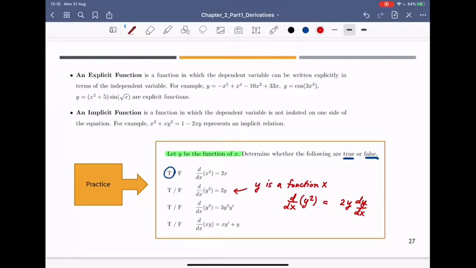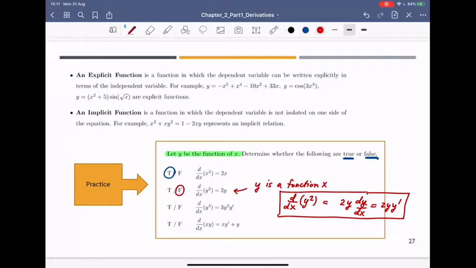So the key point is, if you see y here, you need to apply the chain rule and have dy/dx attached with it. So sometimes you can make the notation cleaner by saying this is 2y times y prime. Same thing, right? So this equation is false.